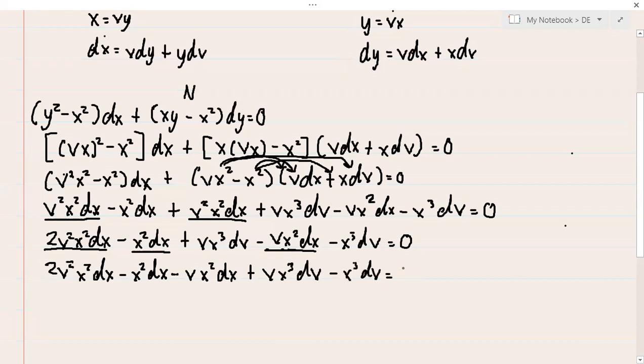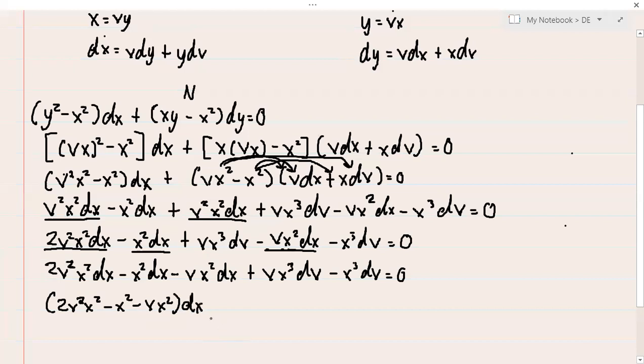So, now, let's simplify. Una, let's factor the first three terms by dx. So, we will have 2v squared x squared minus x squared minus vx squared times dx.